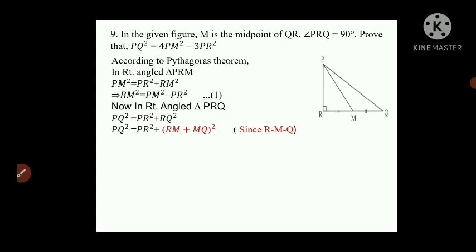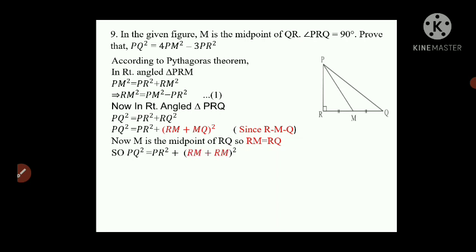Now as it is given, M is the midpoint. So see what happens now. M is the midpoint of segment RQ. So I can say that RM is congruent to MQ. They both are equal, they both are the same. So instead of saying RM and MQ, I will take one common name as they are congruent. So I will write RM and RM. So see what I am doing.